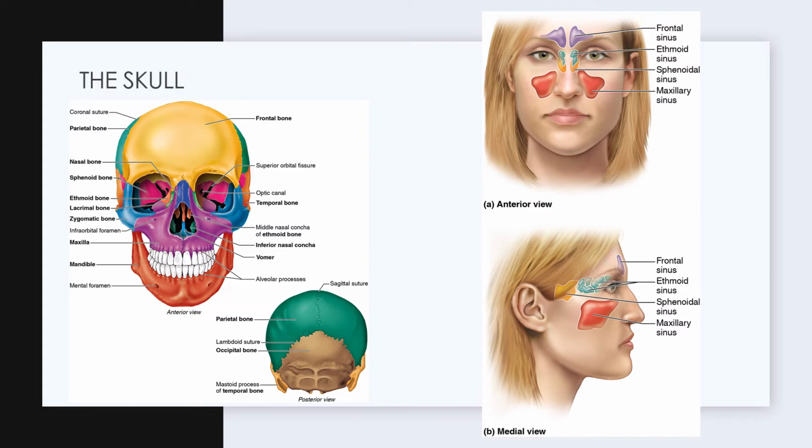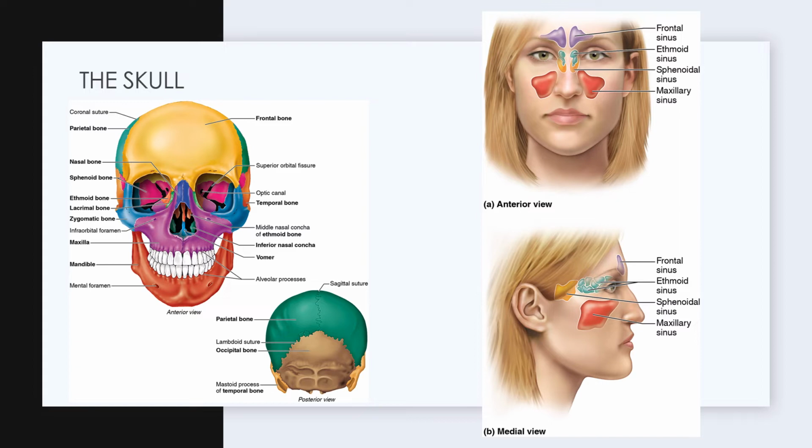Extensions of the maxillae are called the palatine processes, and they form the anterior part of the hard palate of the mouth. Like many other facial bones, the maxillae contain sinuses which drain into the nasal passages, and paranasal sinuses reveals the position surrounding the nasal cavity. They lighten the skull bones and amplify sound as we speak.